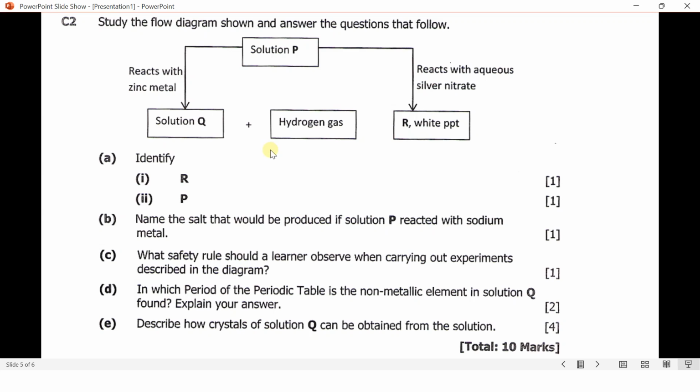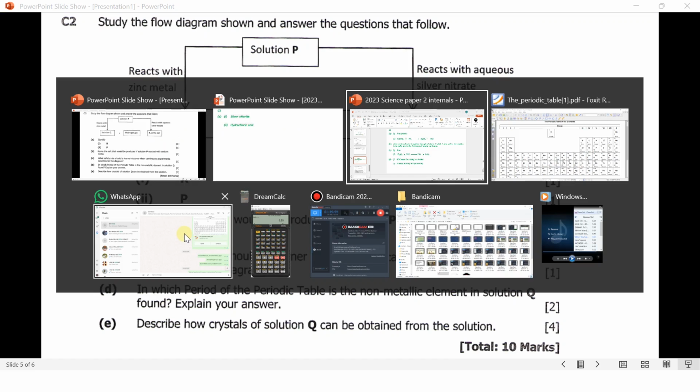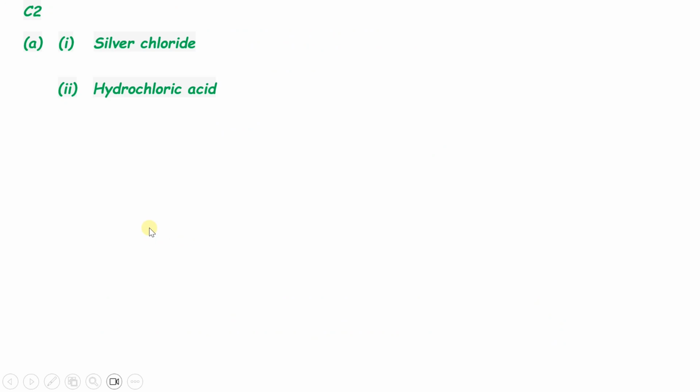Then B, name the salt that would be produced if solution P reacted with sodium metal. I said sodium chloride, so here it will be sodium chloride.